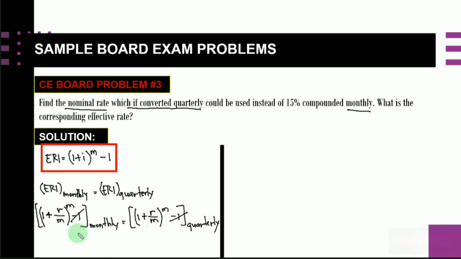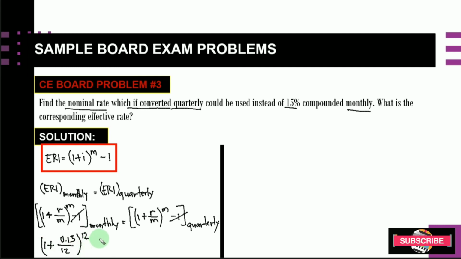And then after we substitute, for the monthly, the given is our R. As what I've said, whatever follows the word compounded is your R. So for the monthly we have R of 15%. So here for the monthly we have 1 plus our R, 0.15, divided by your M, which for monthly is 12, and this is raised to the M, so this is 12.